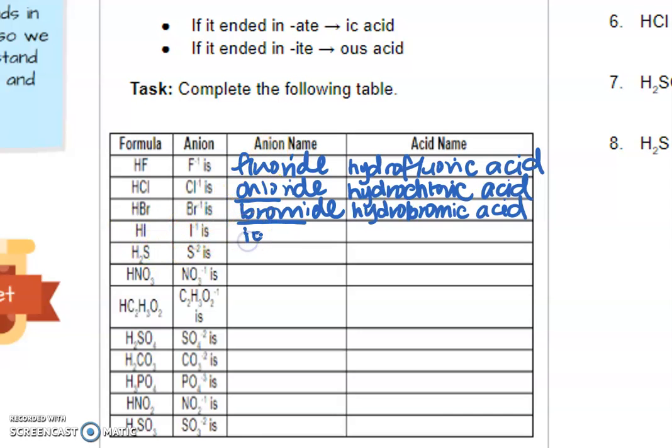That's called iodide. So root iodide there, so hydroiodic acid. H2S is next, no oxygen. What's the S thing called with a -2 charge? Sulfide. So root sulf, so hydrosulfuric acid after it.